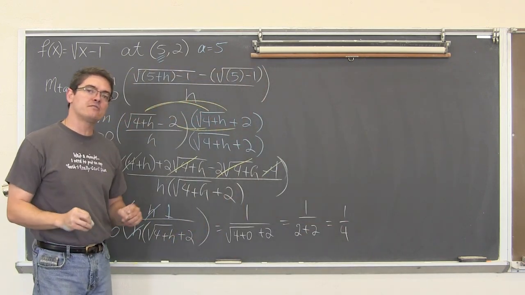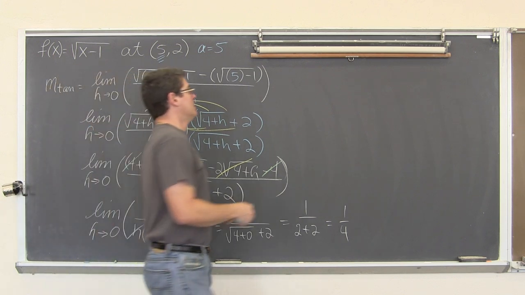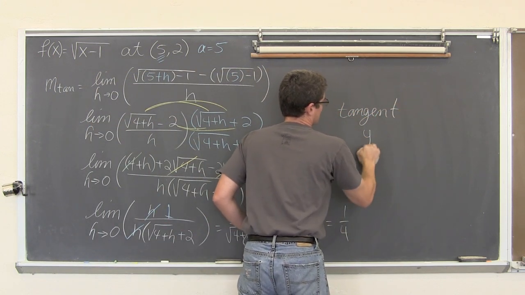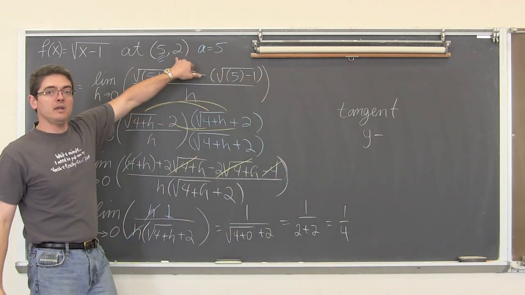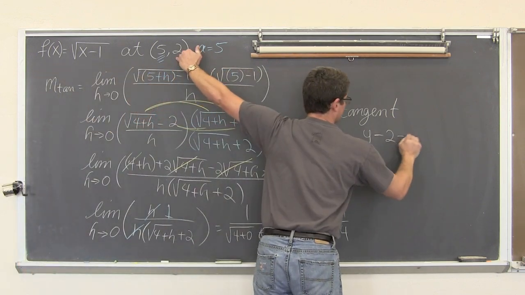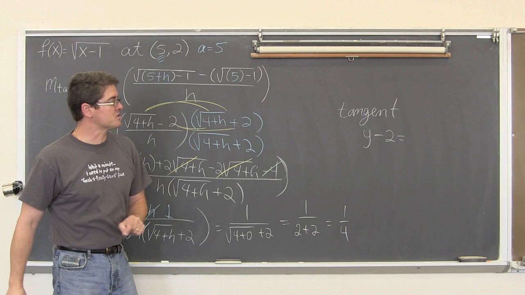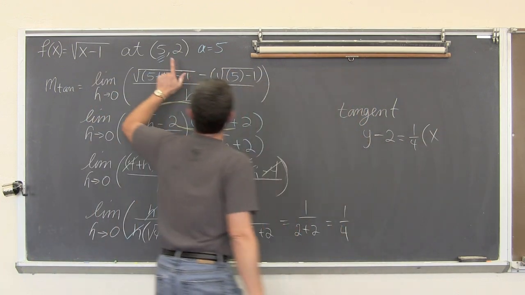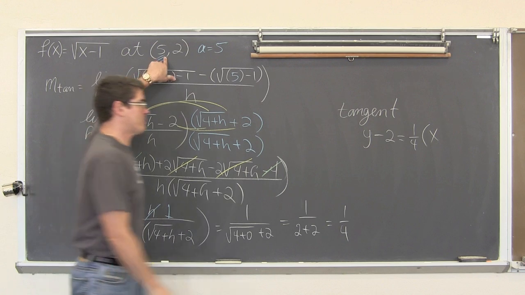And if I needed to actually find the tangent line one more time, the tangent line is y minus the y of the point equals m, or slope, which is 1/4, times x minus the x of our point.